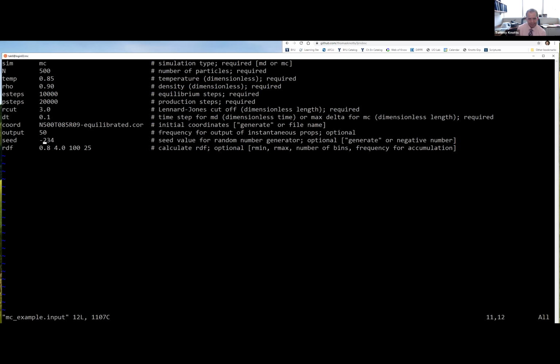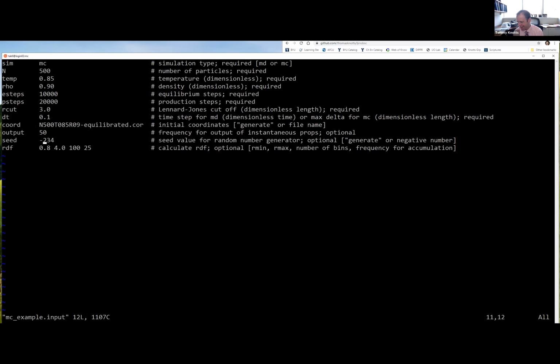And then the seed, this is an optional one. We kind of talked about this before. Random number generators need a seed value, and you have some options here. You can let the seed be generated from the system clock, or you can specify some random negative integer. The negative is kind of historical. All the old random number generators required a negative integer because then it would know that that's the initialization one.